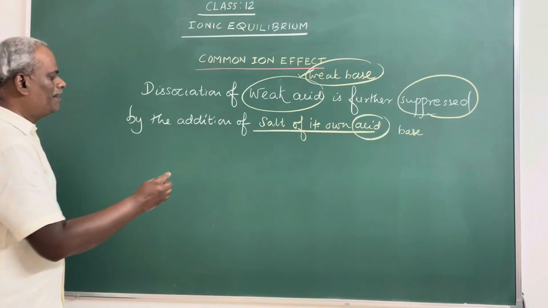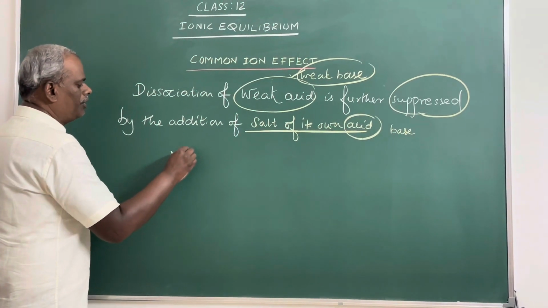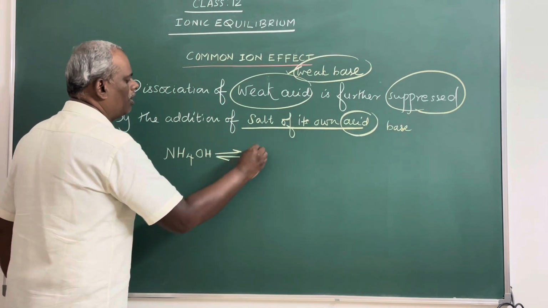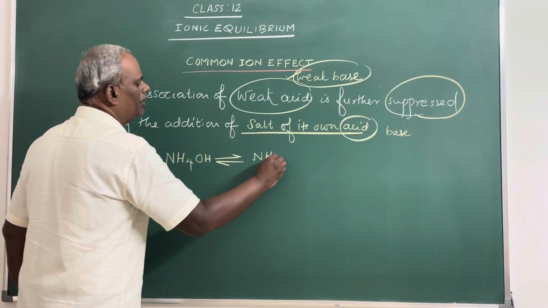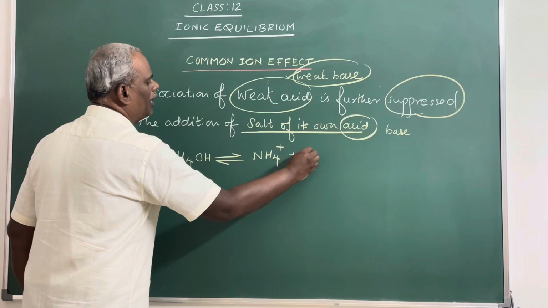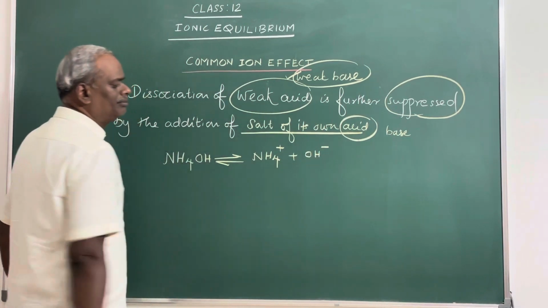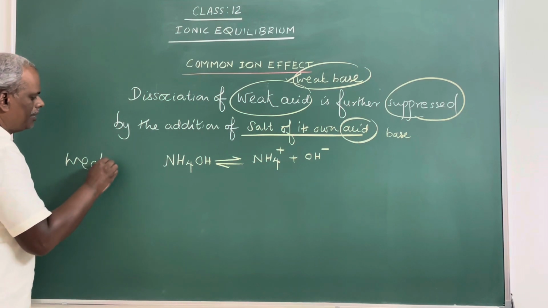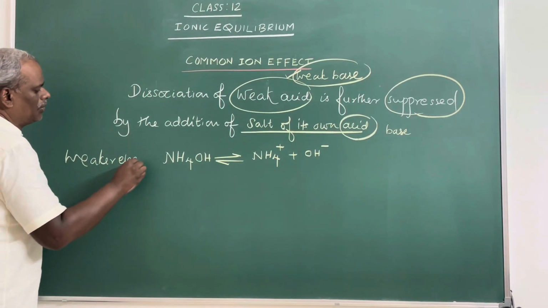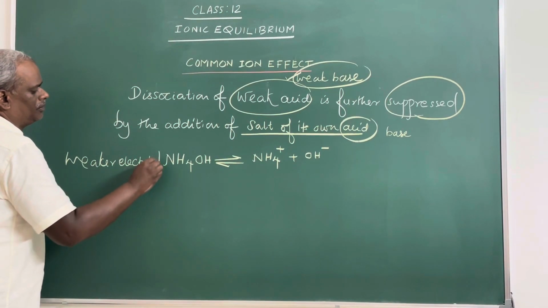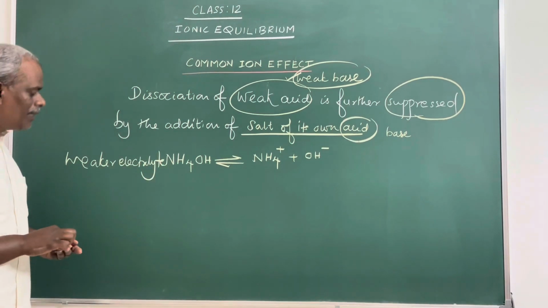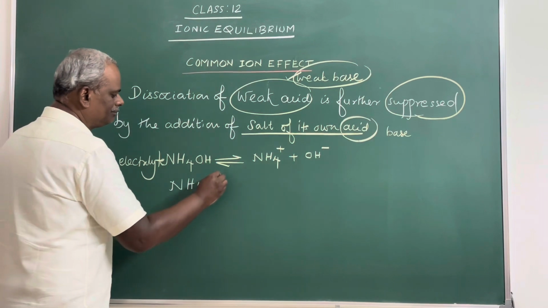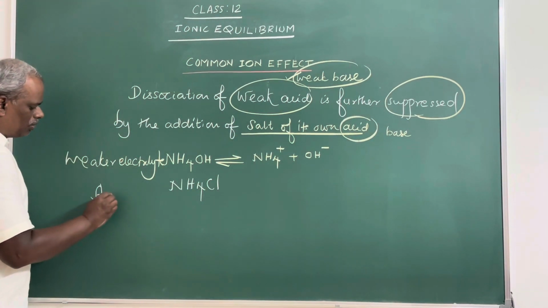The best example of a weaker base is ammonium hydroxide, NH4OH. It gets partially dissociated to form NH4 plus and OH minus. It's a weaker electrolyte and it gets partially dissociated. To that, we are going to supply ammonium chloride, NH4Cl.